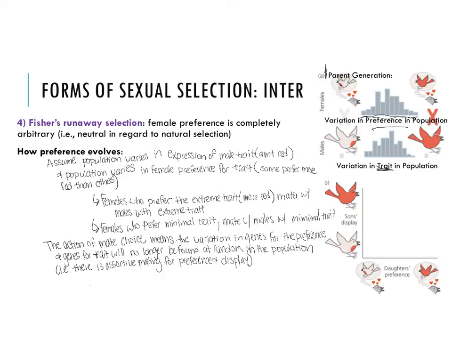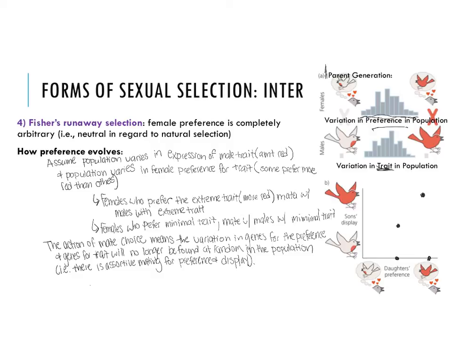And we saw this in good genes as well. So basically, I hope what you saw in this question is that if you prefer red, so let's say you have a strong preference for red, you are going to mate with a red male and produce sons who are red. If you prefer moderate red, like half the male is red, then you're going to mate with a male who is half red and you're going to produce sons who are half red.